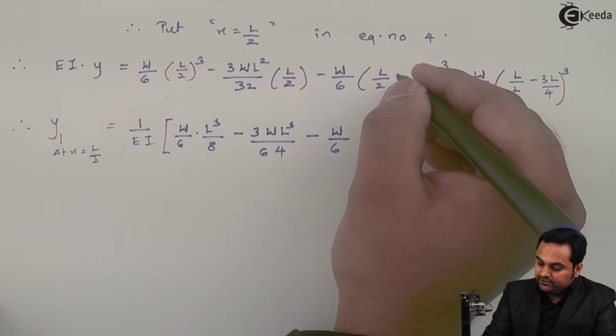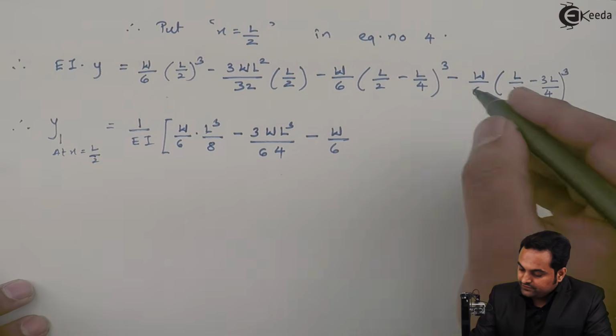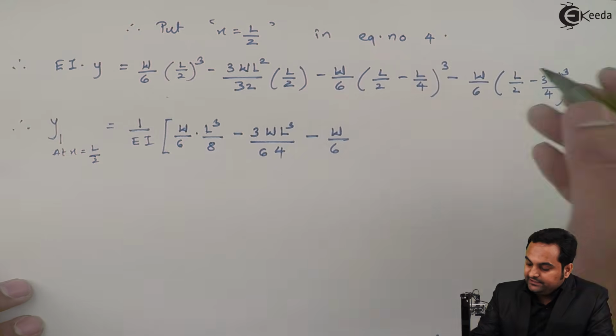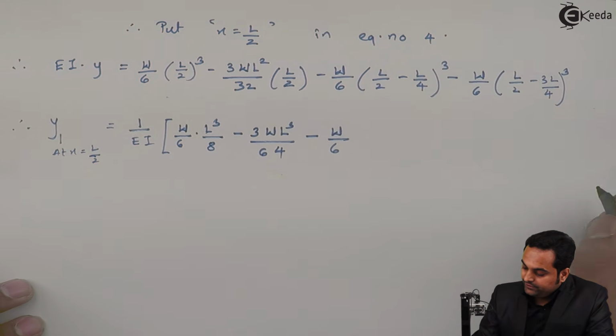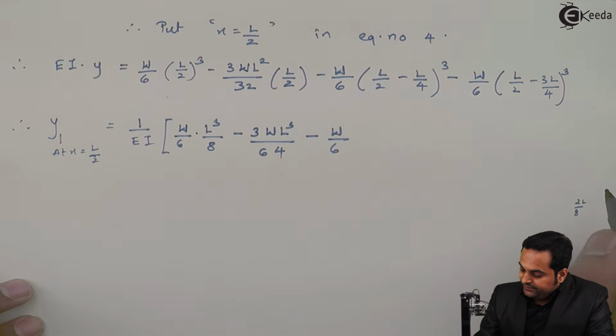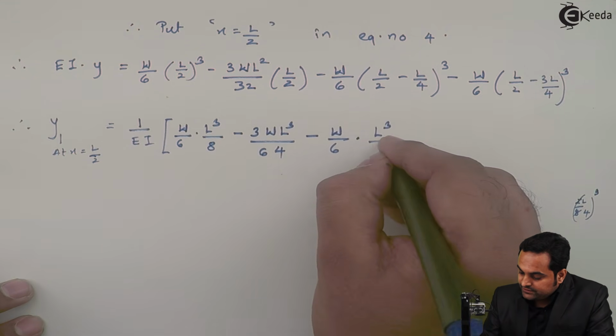Now this term, here we have 4L minus 2L, that is 2L upon 8. So that will be L by 4, so L by 4 it is cube. So it is L cube upon 4 cube, L cube upon 64.